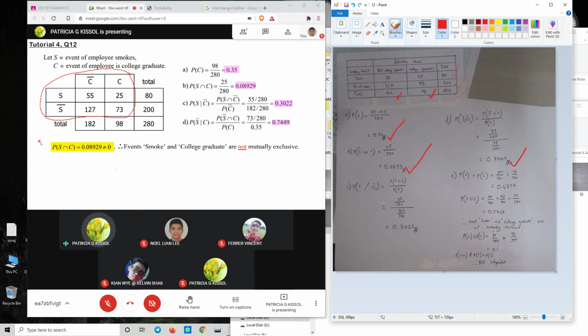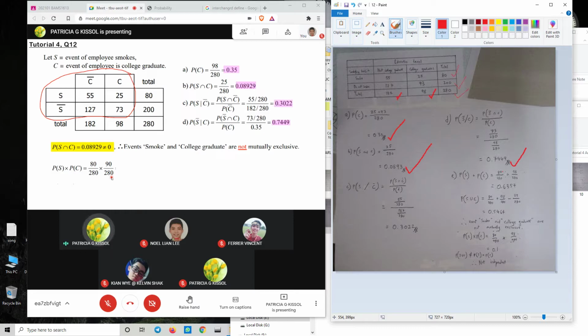So this is the most recommended way to show whether the two events are mutually exclusive or not. And then when we calculate the probability of S, the probability of a smoker, times the probability of college graduate, a smoker is 80 over 280, and college graduate is 98 over 280.